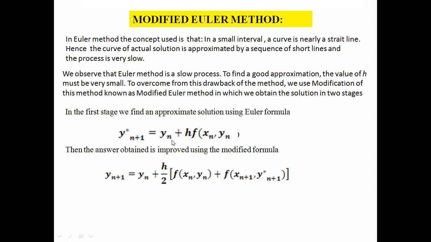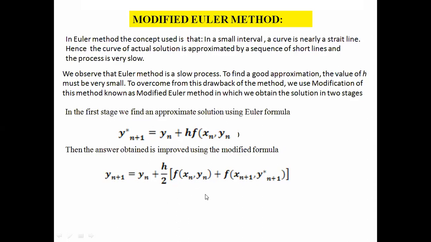To get it, the formula is yn plus h by 2, into the slope of the curve at xn, yn, that is f of xn, yn, plus the slope of the curve at the next point, f of xn plus 1 comma yn plus 1 star. Here yn plus 1 star is the value obtained by the Euler relation, only an approximate answer. You take the average value, and that gives the good value.